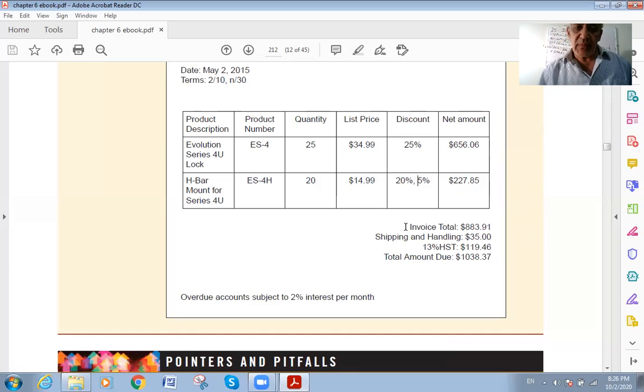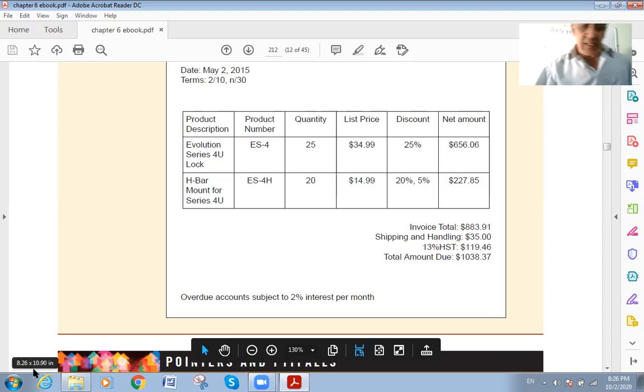So we'll multiply 20 by 14.99, the total amount which he's supposed to pay.